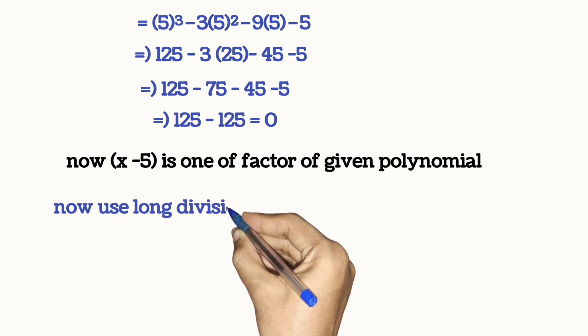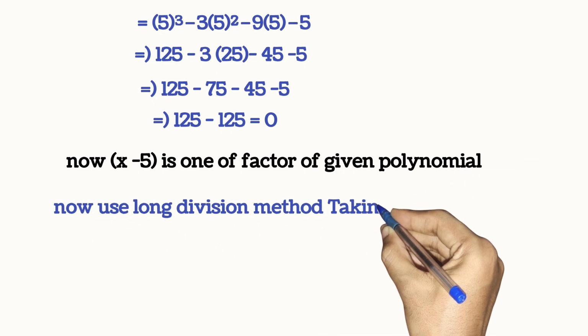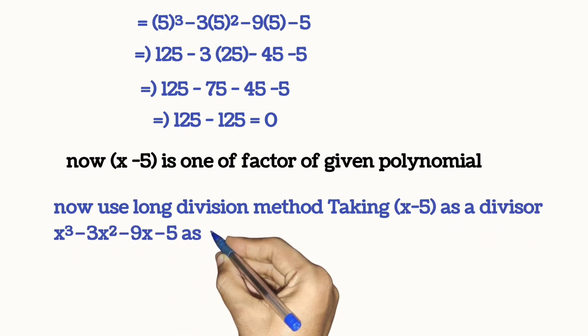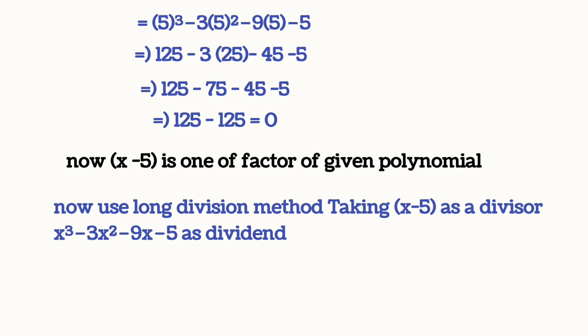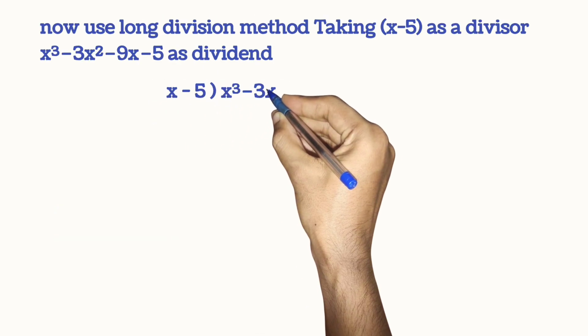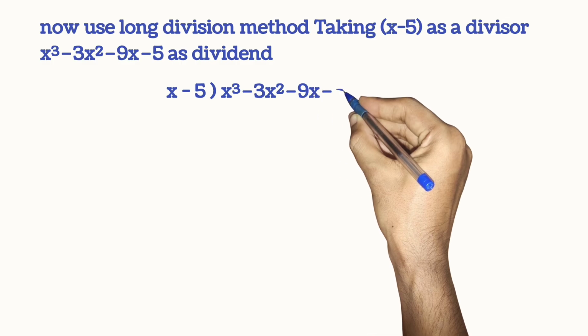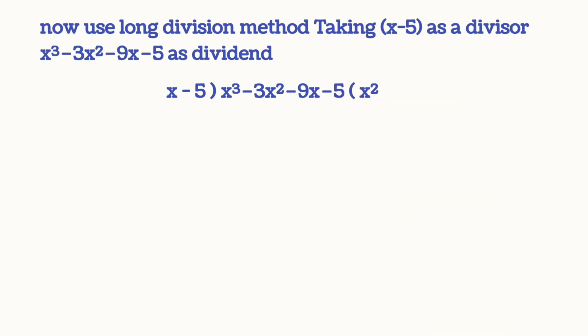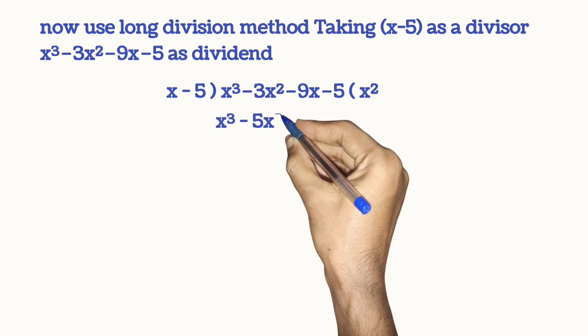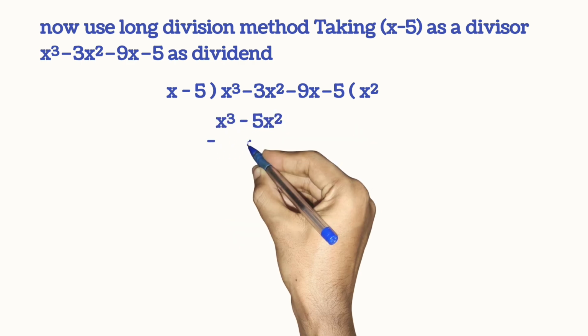Now use the long division method, taking x minus 5 as a divisor and x cubed minus 3x squared minus 9x minus 5 as a dividend. Now x minus 5 will divide x cubed minus 3x squared minus 9x minus 5. First, x squared multiplied with the divisor, we get x cubed minus 5x squared. During subtraction, the sign will change.